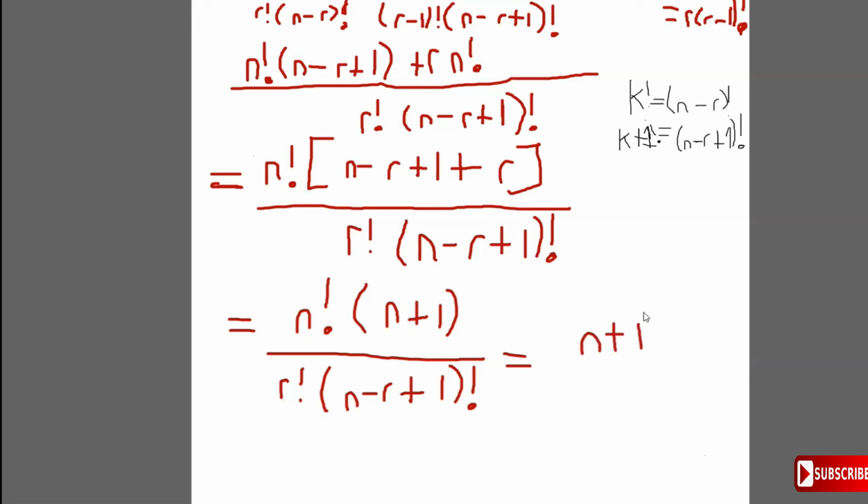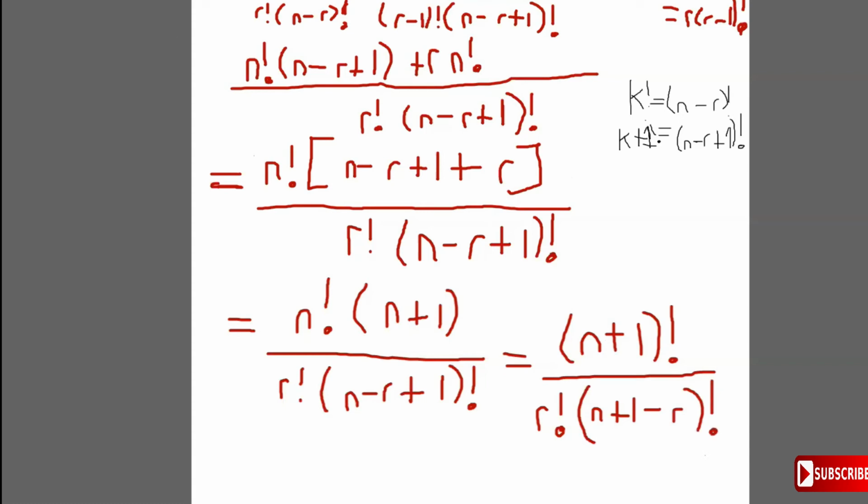So I'm going to rewrite this as (n plus 1) factorial over, instead of having it as n minus r plus 1, I'm going to rewrite it as r factorial times (n plus 1 minus r) factorial. Now think of n plus 1 as like an x.